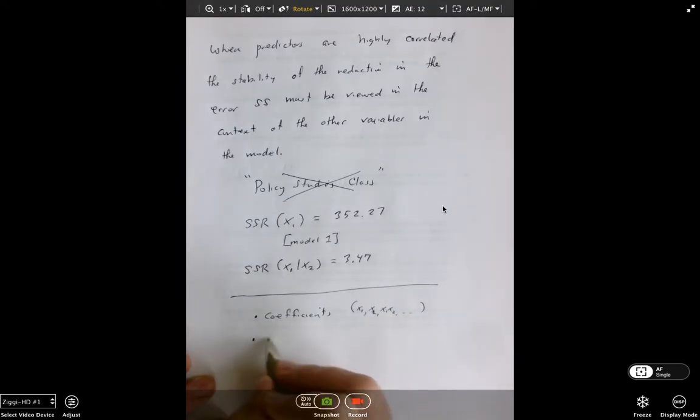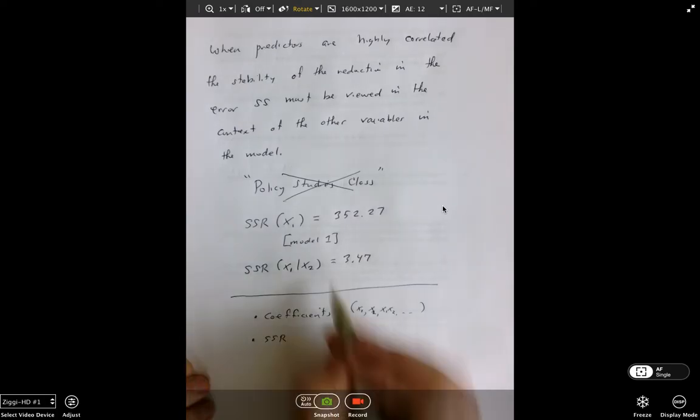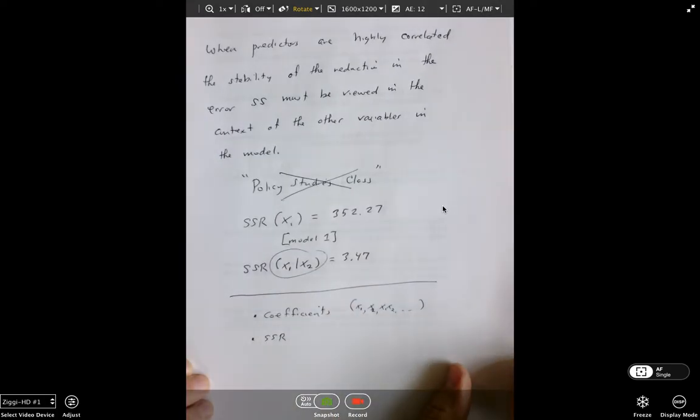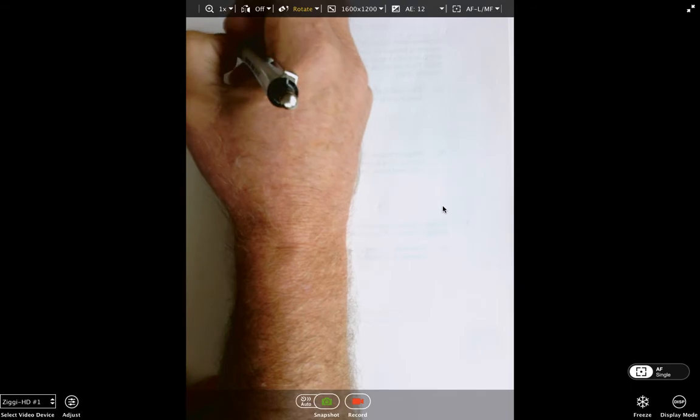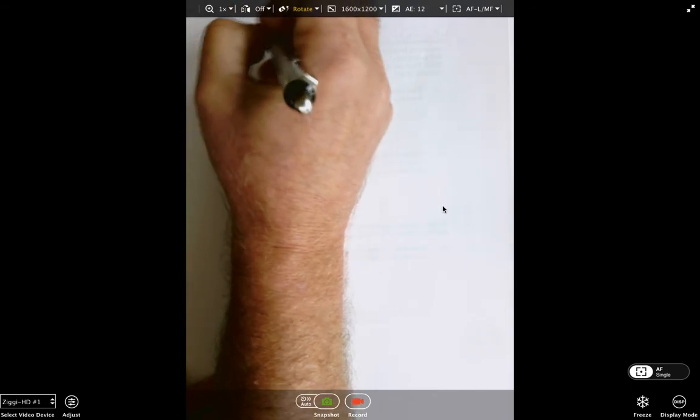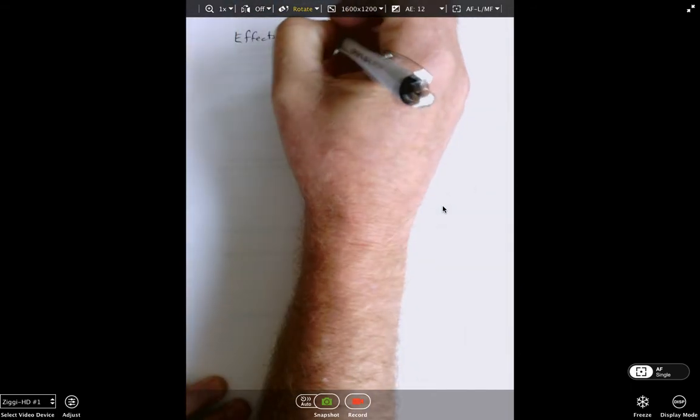And I've also wanted you to think about the sum of squares regression and how there's little additional information when we add x1, in this case right here, when x2 is already in the model. And guys, again, that's just a straightforward effect of multicollinearity, having two predictor variables in our model that are highly correlated. So what I'd like to do next is look at the effects on the standard errors.